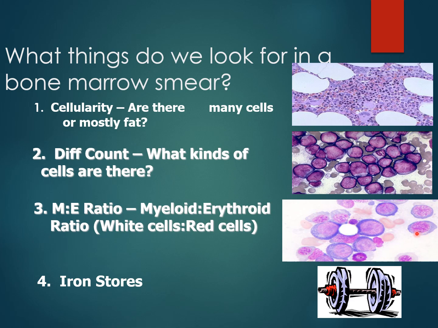And we can actually use a special dye for the bone marrow called Perls' Prussian blue. And that is going to show us those iron deposits that are present within the macrophages of the bone marrow. This does not have a very good picture, but I will show you one in upcoming lectures when we get to that, okay? So these are what we're looking for in bone marrow.